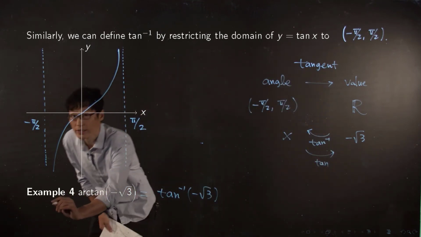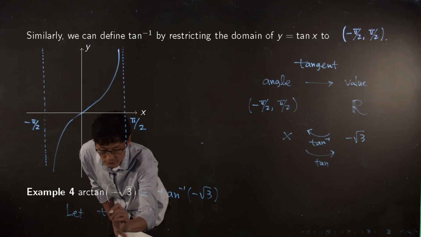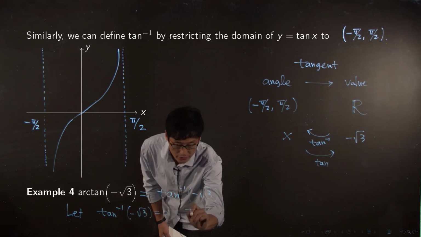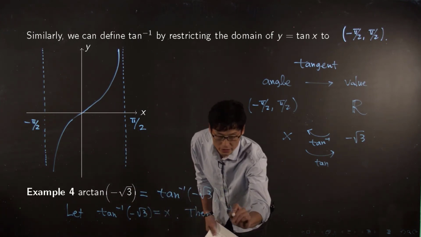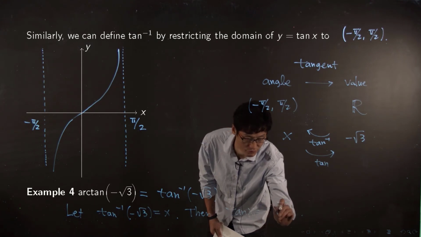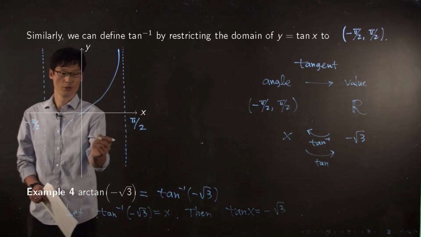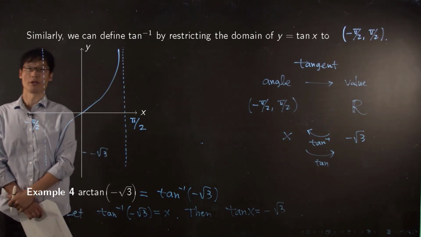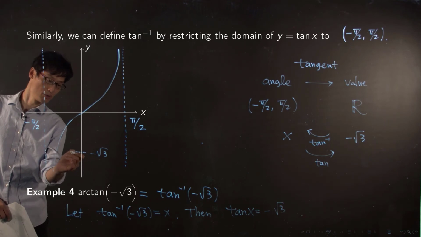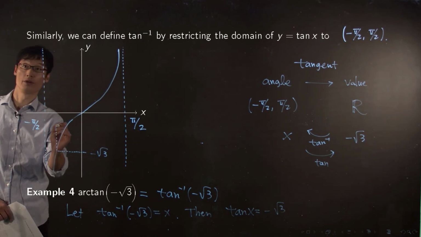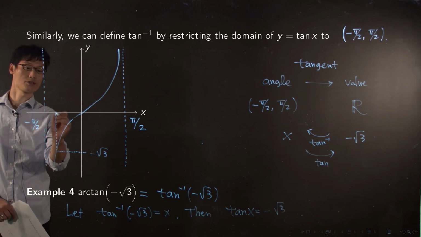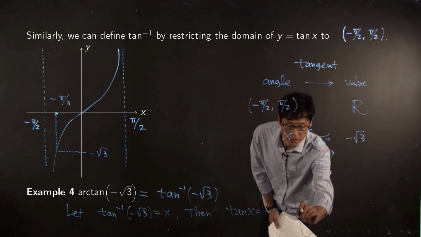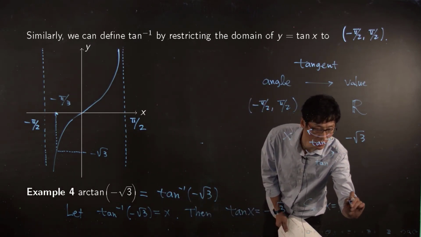So again, if you let arctangent of negative square root 3 be x, then we can say tangent of x must be negative square root 3. So where is the negative square root 3? Here is the negative square root 3. So you're after this angle, and this angle is negative pi over 3. So that's it. Our angle is negative pi over 3.